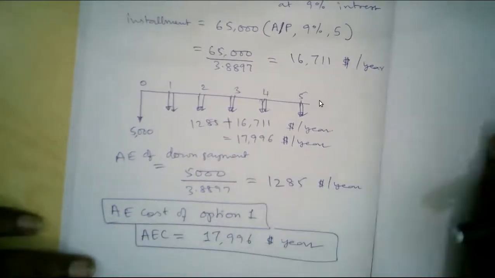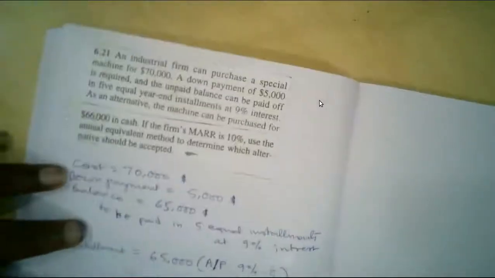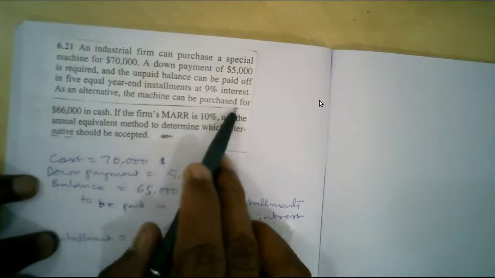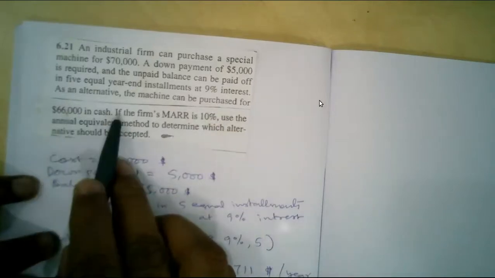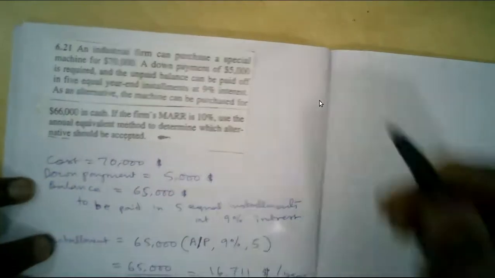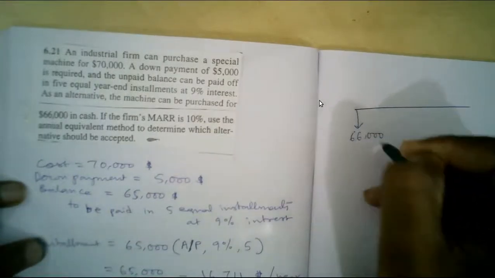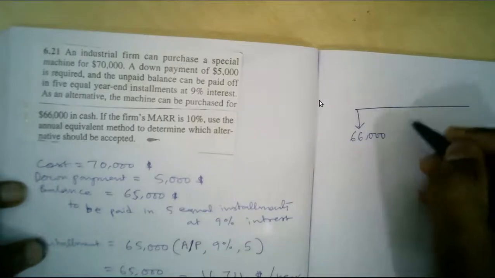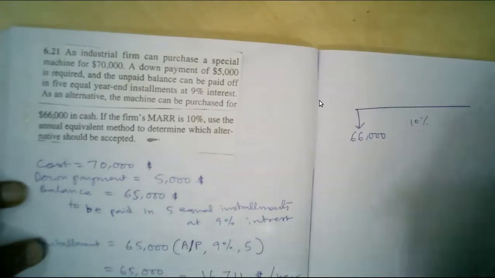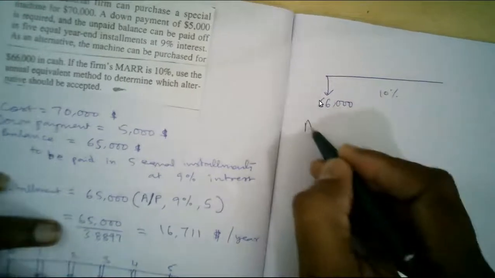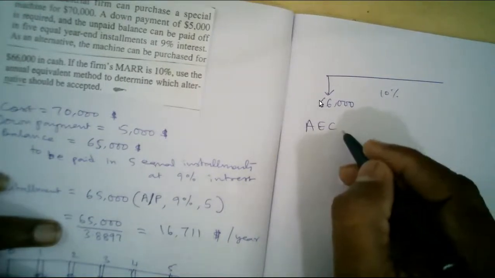Now let us look at option two. What is option two? As an alternative, the machine can be purchased for 66,000 in cash, at 10%. So directly I am paying 66,000 in cash, at 10%. Now I want to find the annual equivalence cost for option two.